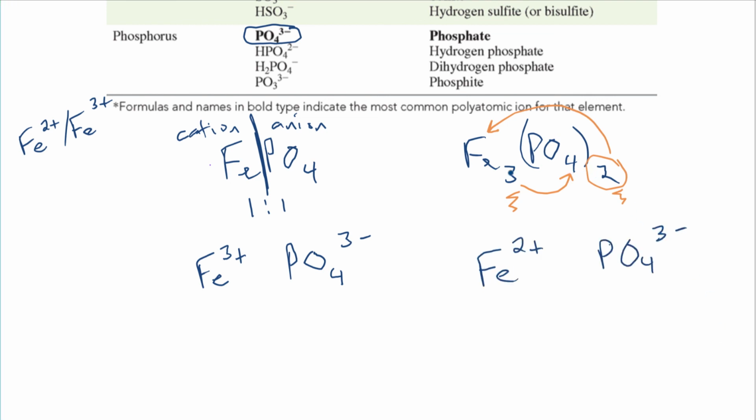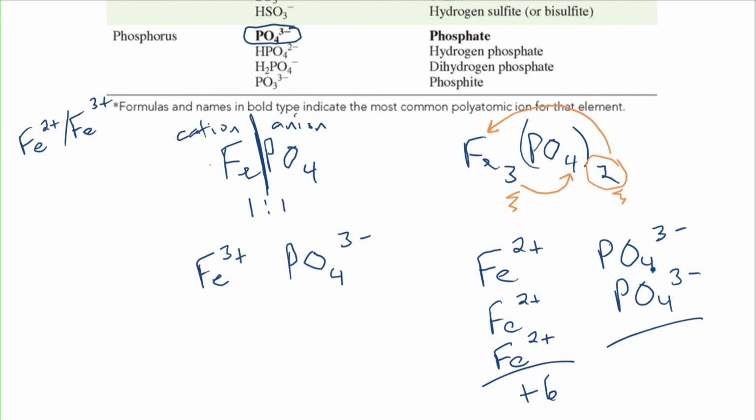These ratios are there so that you have equal and opposite charges. If I add it all up, I have 3 of the iron 2 cations, which is a +6 total from the cation side of the ledger, if you will. 2 phosphates, add up these charges, it's a -6.